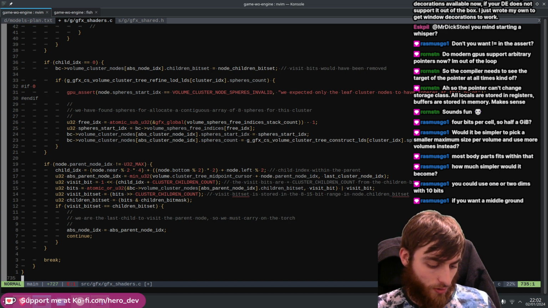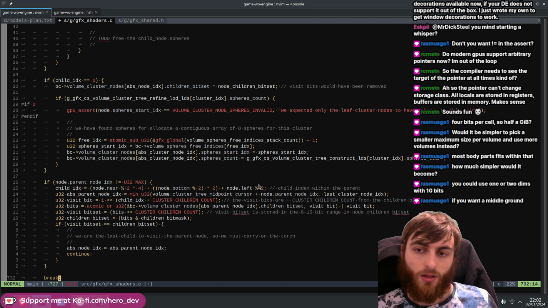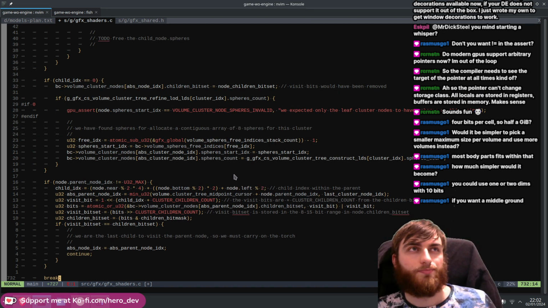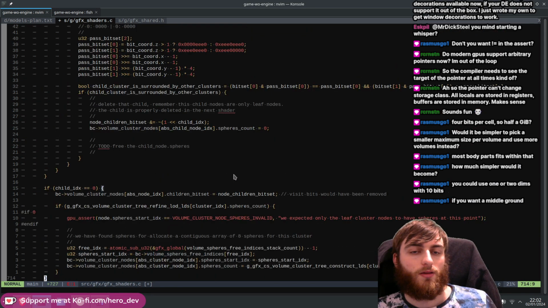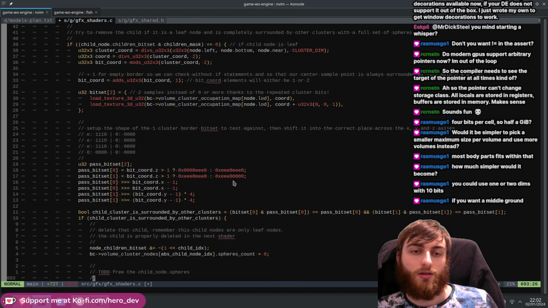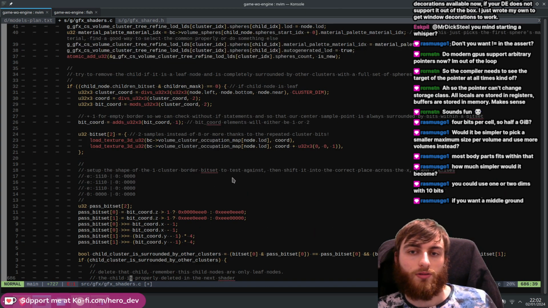You could use 1 or 2 DIMMs with 10 bits if you want a middle ground. That's good. Yeah, that's another good thought. The thing is though, 256 squared is a nice amount of memory.